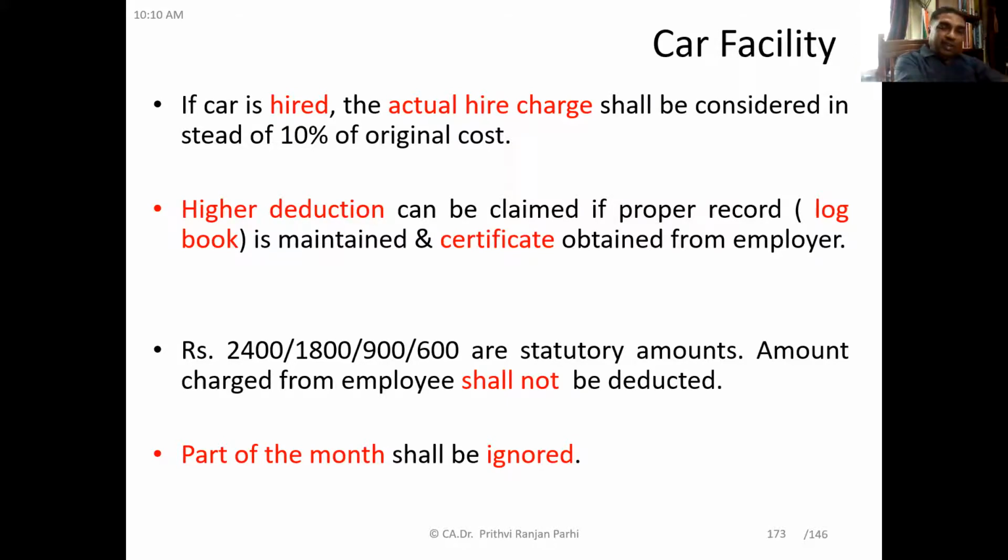Right. Now, friends, when we are valuing the perquisites, in some cases we have taken 2,400, some cases 1,800, 900, 600, like this. Please remember that these are the statutory amounts. And the amount charged from the employee shall not be deducted. Normally, we have understood that when we are valuing a perquisite, let us say rent-free accommodation, if some money is recovered from the employee, we reduce it from that value.